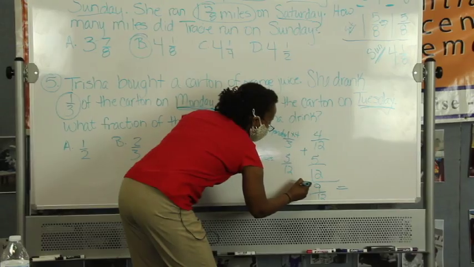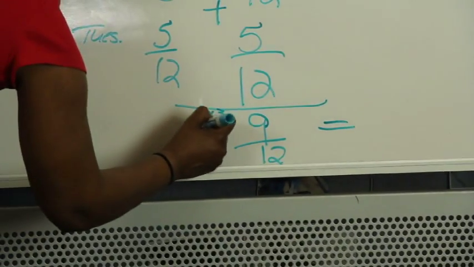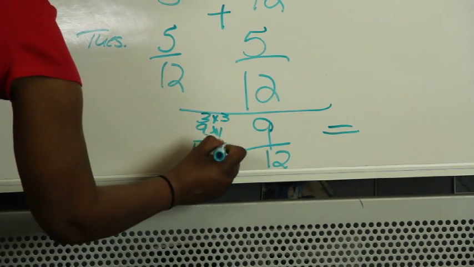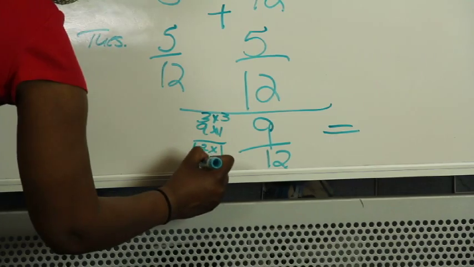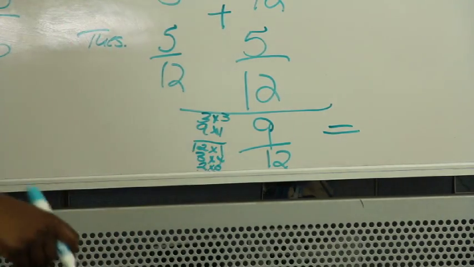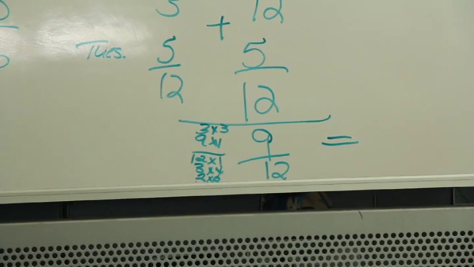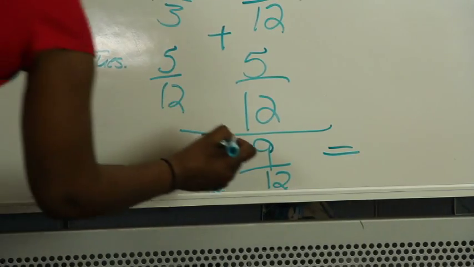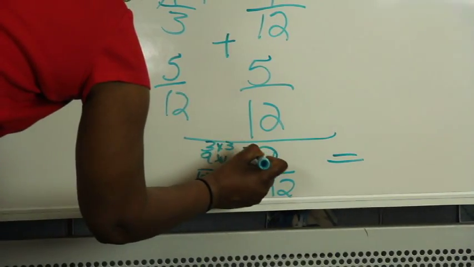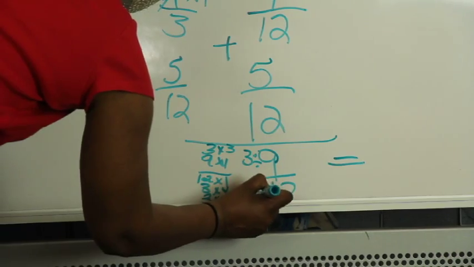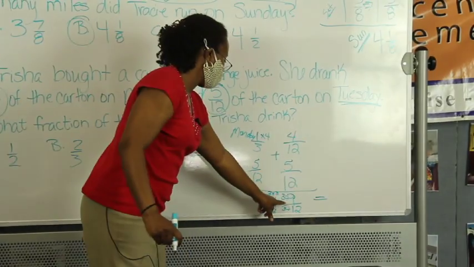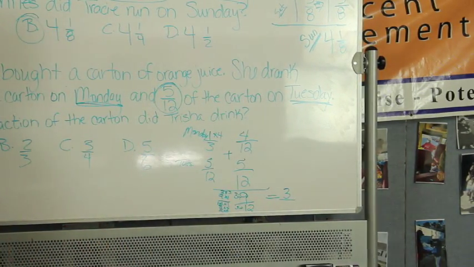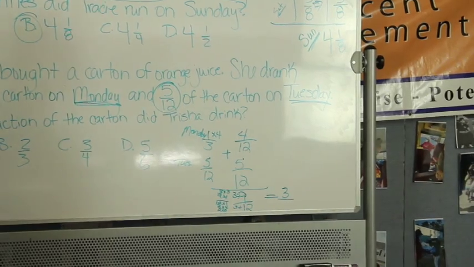We have 3 times 3 and 9 times 1 up top, and then we have 12 times 1, 3 times 4, and 2 times 6, if you can see that. And we notice that 3 is a common factor. So we're going to use 3 to divide each number by. So 9 divided by 3 is going to be 3. And 12 divided by 3 is going to be 4.